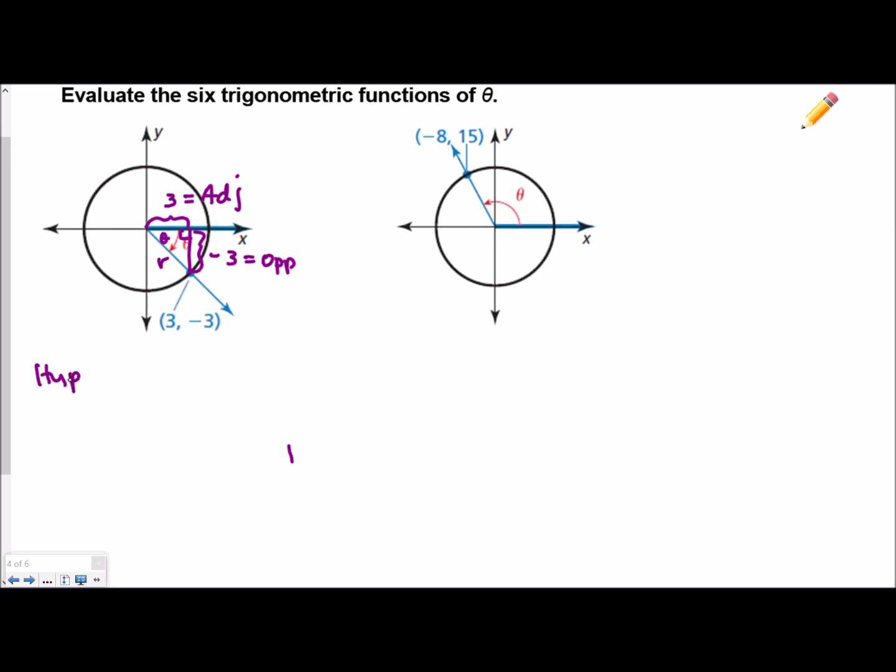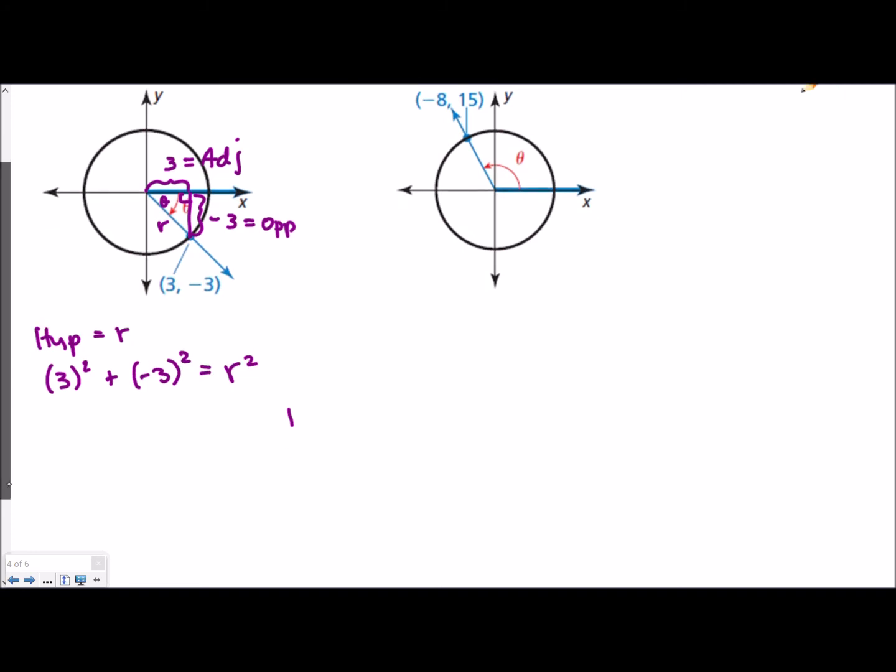So hypotenuse is r by doing 3 squared plus (-3) squared equals r squared. Notice I put parentheses around it because (-3) squared is 9, not -9. So we've got 9 plus 9, that's 18. R squared is 18, so r is the square root of 18.